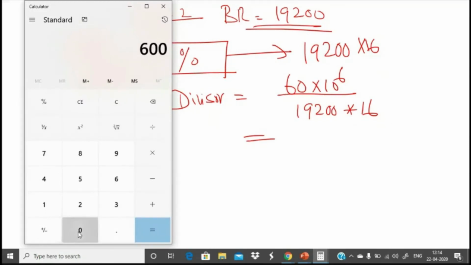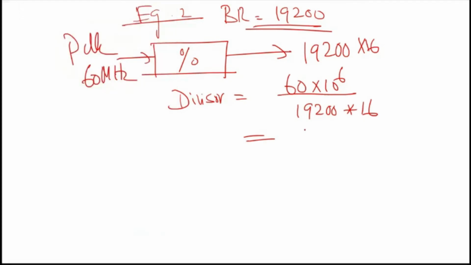60 million, divided by 19,200, again divided by 16, gives 195.3, truncated to 195.